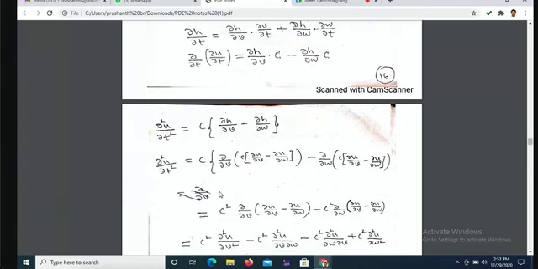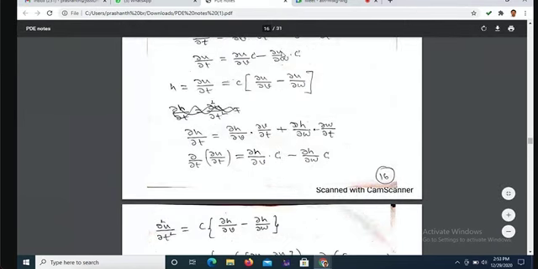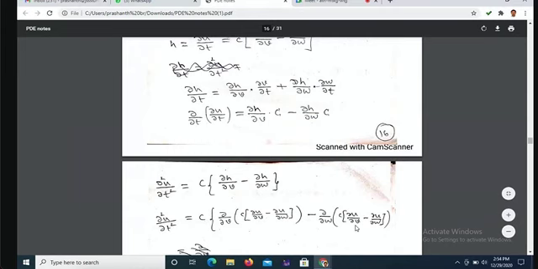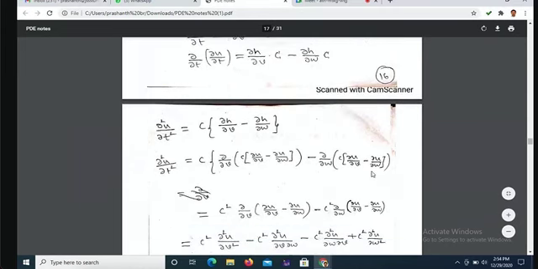So ∂/∂v of, in the place of h, c times ∂u/∂v minus ∂u/∂w. So substitute that. Similarly, in the place of h, again c times ∂u/∂v minus ∂u/∂w is taken. So multiply c² into ∂/∂v of ∂u/∂v minus ∂u/∂w, minus c². Why is it c²?